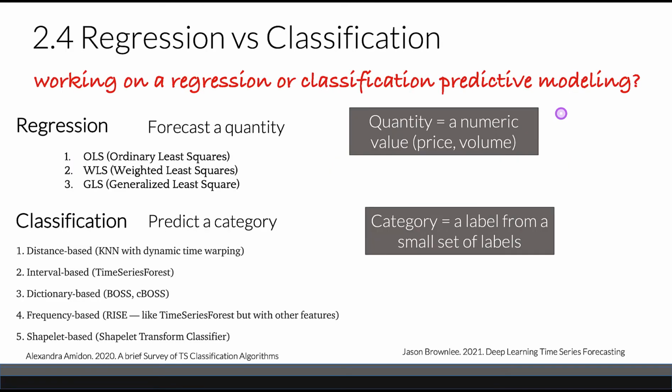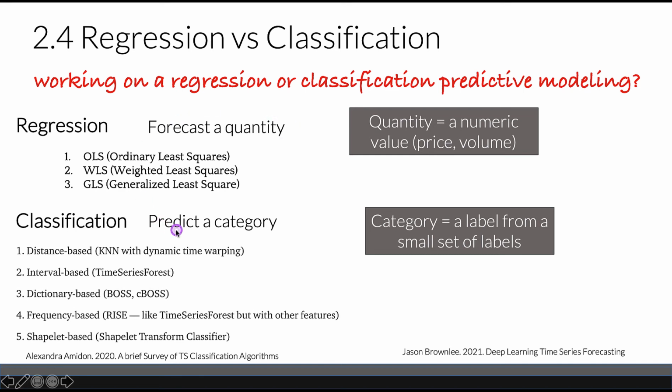Next, we need to consider what type of predictive modeling fits our needs, whether it's regression or classification. Of course, there is some flexibility between these different types. But in general, if we need to forecast a quantity, a numeric value such as price or volume, we would use regression.